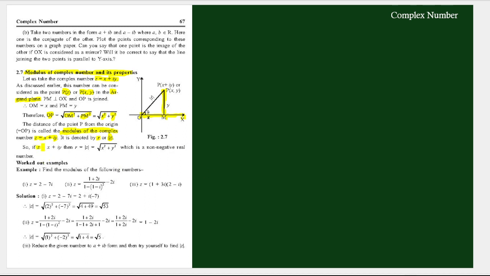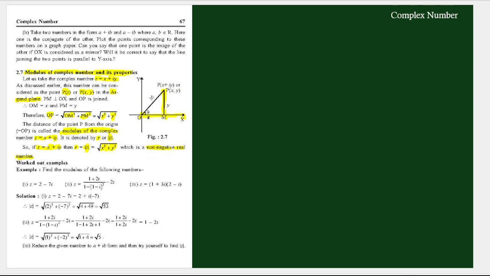So if z equal to x plus iy, then its modulus r or mod z will be the square root of x squared plus y squared, and this is a non-negative real number, because even if x is negative its square will become positive.